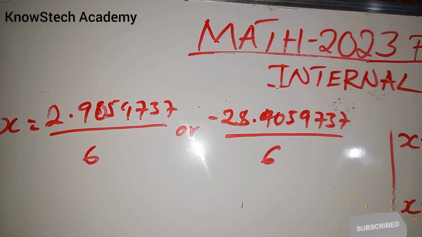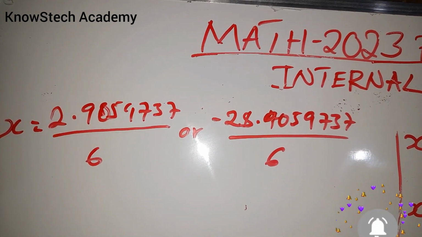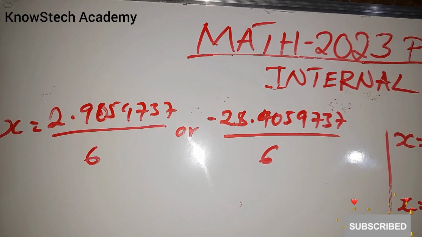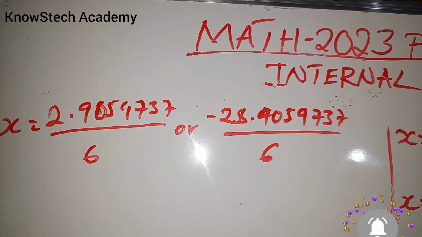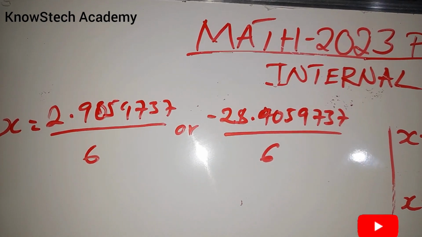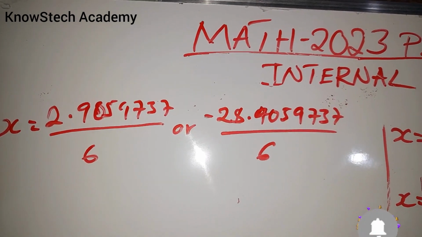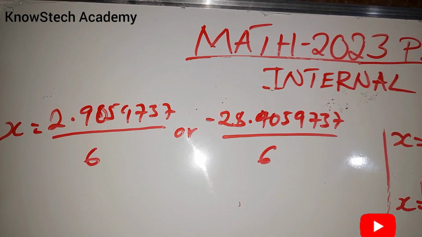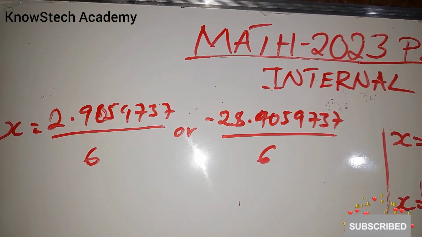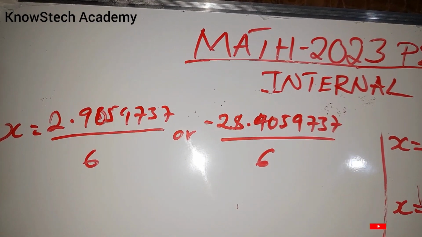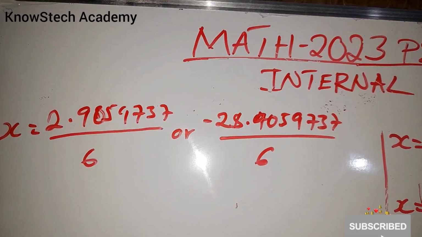This is what you have. Let's now divide 2,905.90737 by 6.